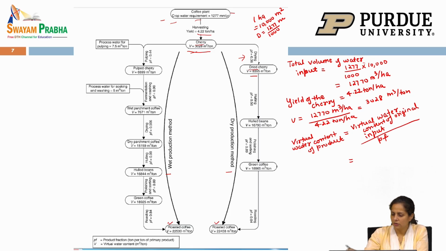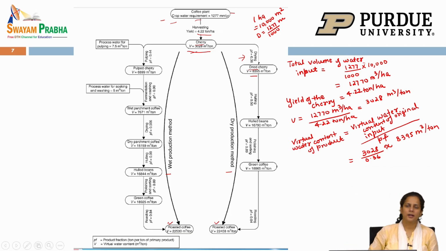So, here the dried cherry can be calculated as 3028 divided by 0.36, and when you do that calculation you will see the virtual product water content comes to be 8395 meter cube per ton.